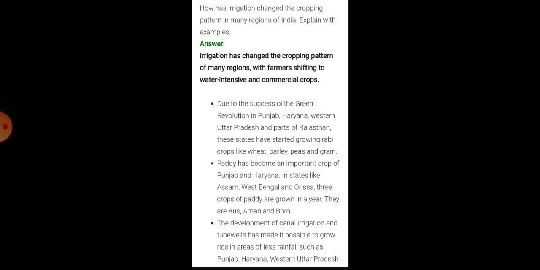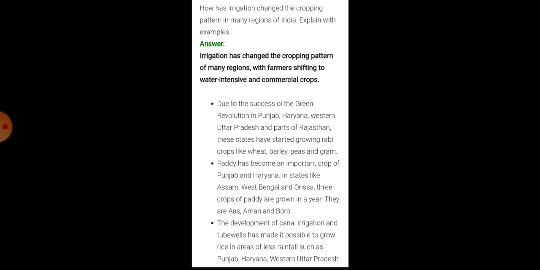due to the success of the Green Revolution in Punjab, Haryana, Western Uttar Pradesh and parts of Rajasthan, these states have started growing rabi crops like wheat, barley, peas and gram. These are possible only because of the introduction of, or after, the Green Revolution. So paddy has become an important crop of Punjab and Haryana.